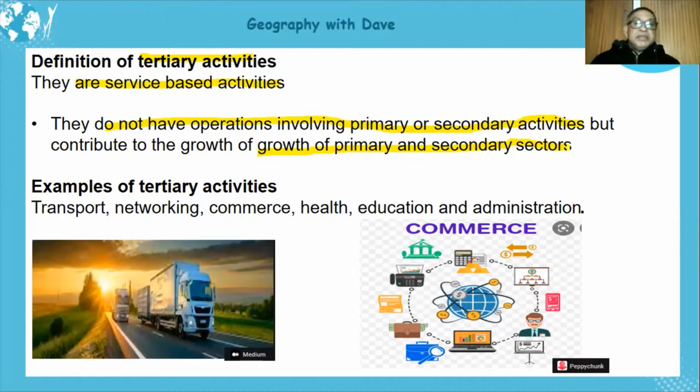Some examples of tertiary activities include your transport. Can you see it here? These trucks transporting the goods.